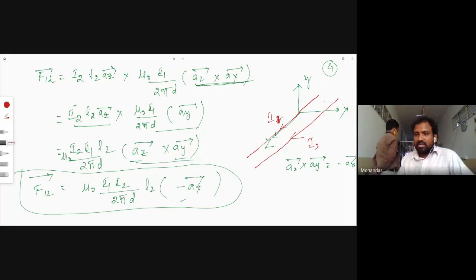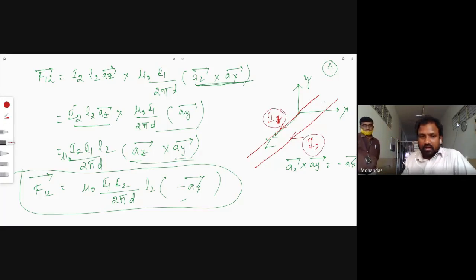I1 I2. See here, this is conductor 1 and this is conductor 2. Now F12 is what? Force on which conductor? On conductor 2 due to conductor 1. By sitting on conductor 1, suppose imagine you are sitting on this conductor 1, the force due to the magnetic field B1, and this current is I2 DL2.